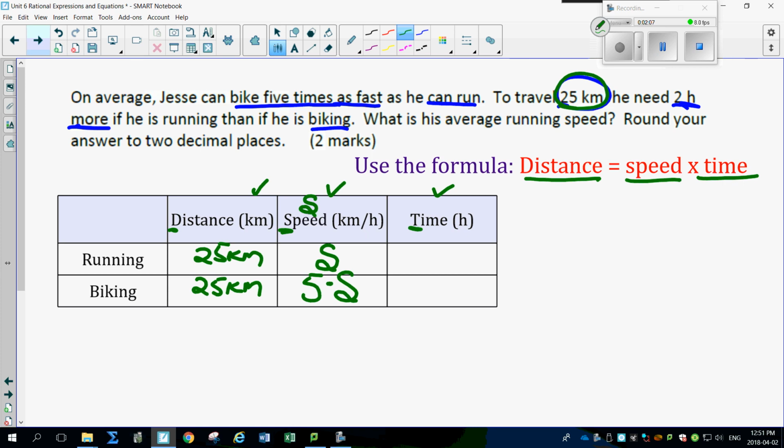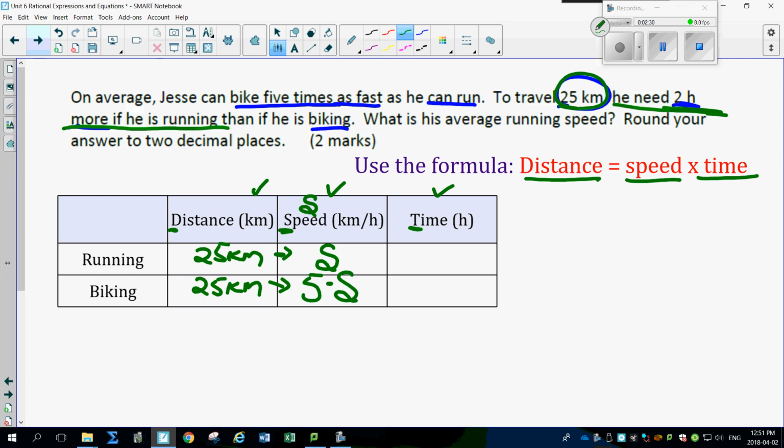Well, that's not so bad. Okay, now look what it says now about his time. He needs 2 hours more if he is running. Well, that's just logical. Running is a heck of a lot slower. As a matter of fact, we said right here that it's 5 times slower. So of course he's going to need more time.